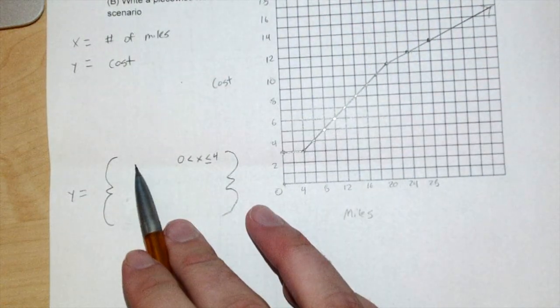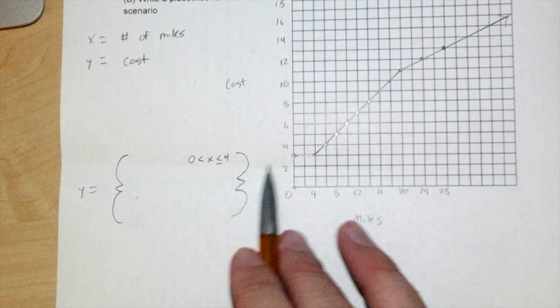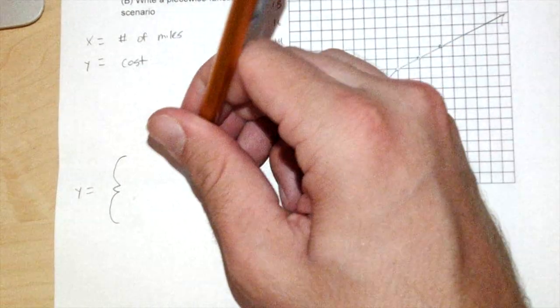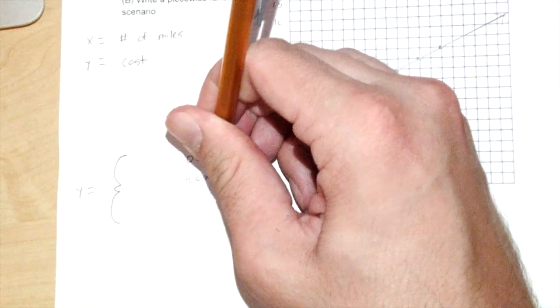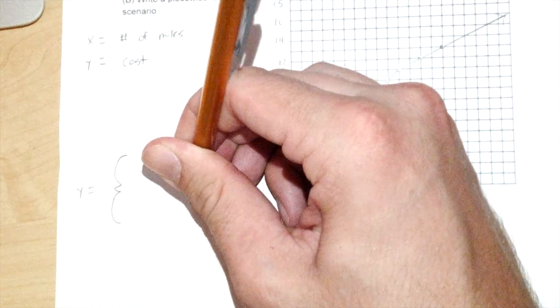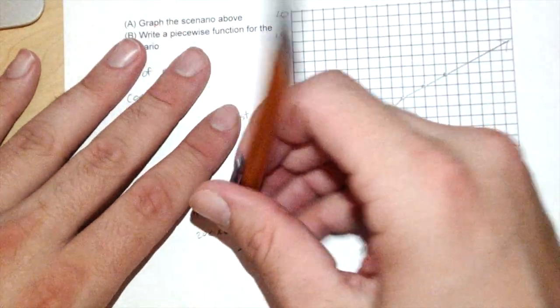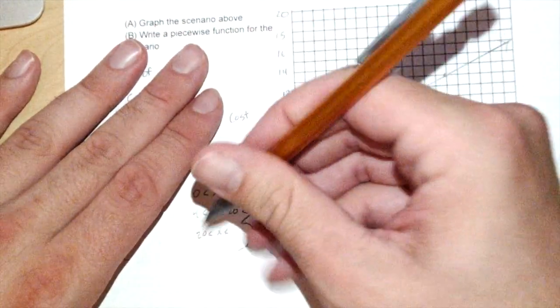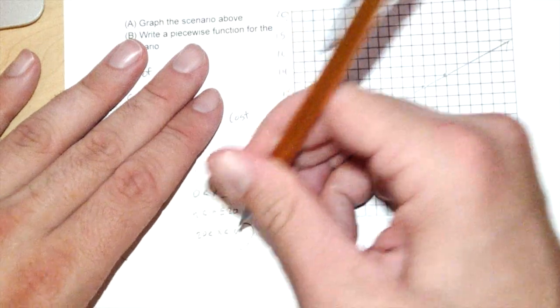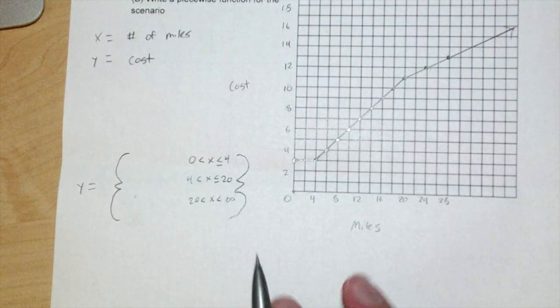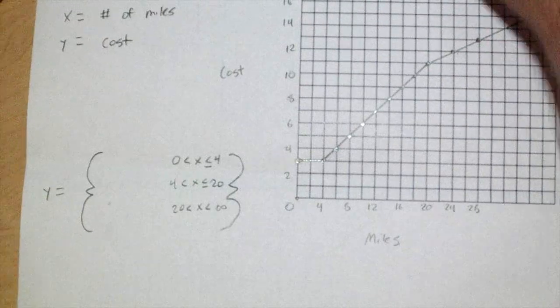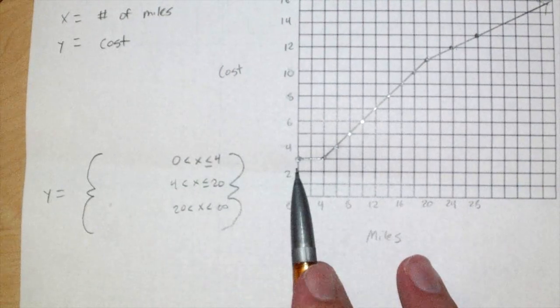And we'll put the equation there. The second one is from 4 to 20. And then from 20, kind of to infinity, okay? We'll just say infinity, because it doesn't give us a specified end, like it doesn't say there's a maximum. So those are our 3 parts, and now we want to write the equation.